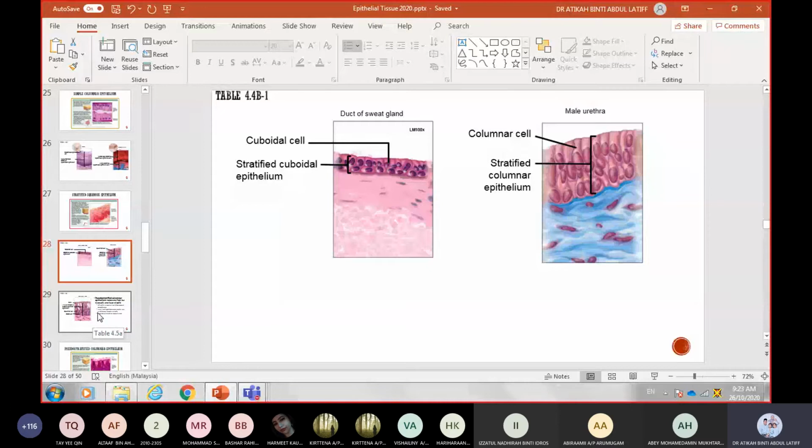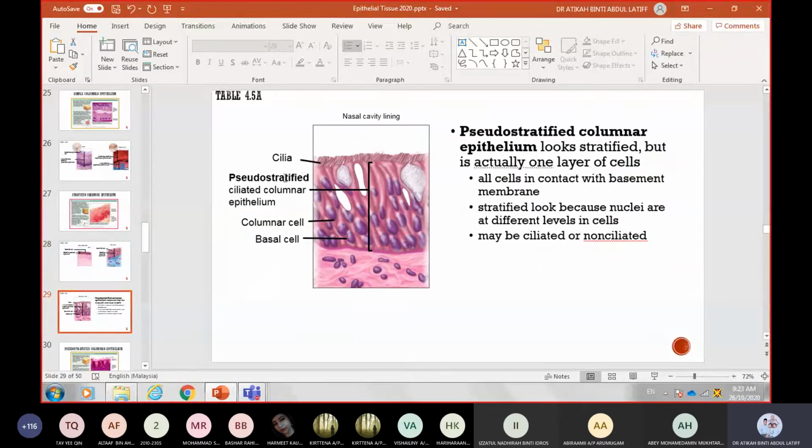Okay, pseudostratified means it looks like stratified, meaning you can see here it looks like there's a lot of layers, but actually there is only one layer. Why is it pseudostratified? Because the cells are oddly shaped, quite long shaped like this, but each cell still sits on one basement membrane.